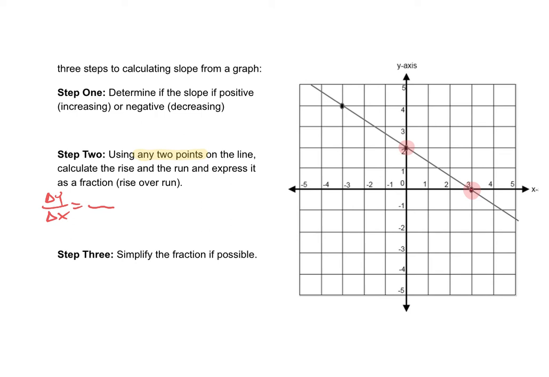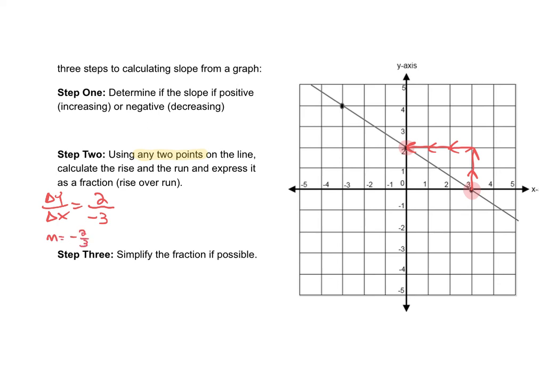So I'm going up 1, up 2. So my rise is a positive 2. And then let's do my run. I'm going to the left 1, to the left 2, to the left 3. So my change in x, or my run, is -3. So my slope, I would say here, m equals -2/3.